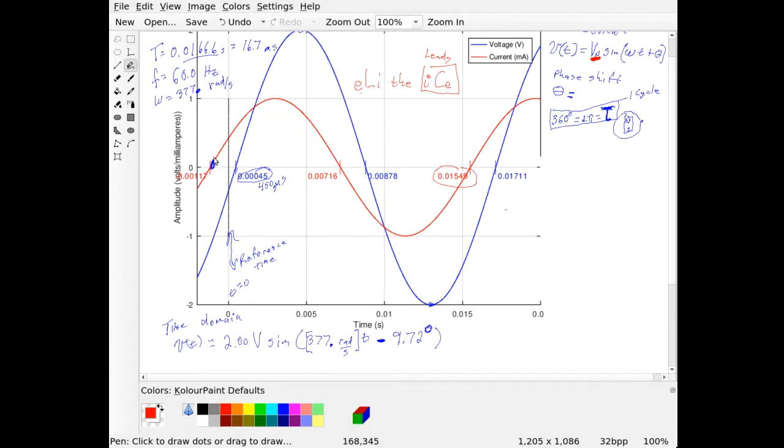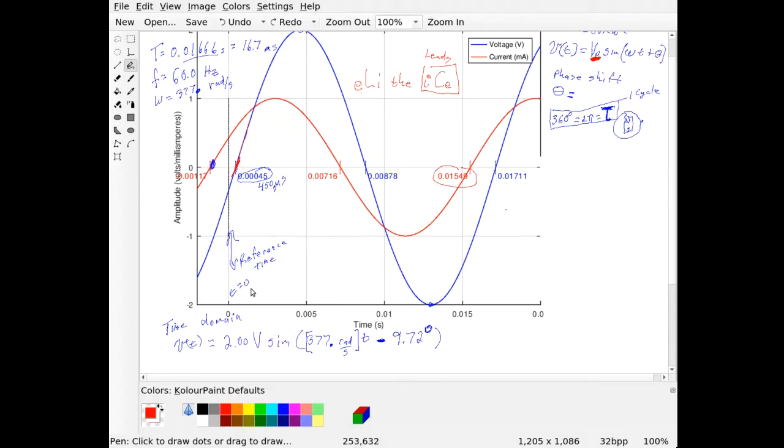And so what we see here in this case is that the current is crossing before, the current is going positive before the voltage does, right? So you see here that the current is crossing 0 before the voltage does.